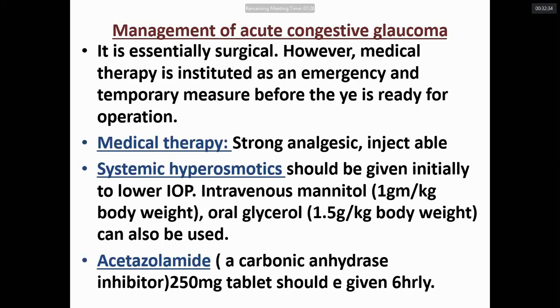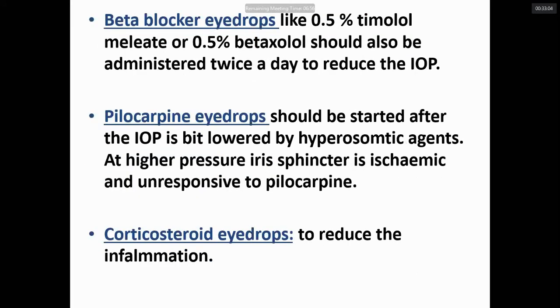In the acute congestive stage, we go for medical therapy with a strong injectable analgesic, because there is pain, and a systemic hyperosmotic agent, that is intravenous mannitol 1 gram per kg body weight, or oral glycerin 1.5 gram per kg body weight, and acetazolamide, a carbonic anhydrase inhibitor, 250 milligram tablet 6 hourly, and a beta blocker, 0.5% timolol maleate.